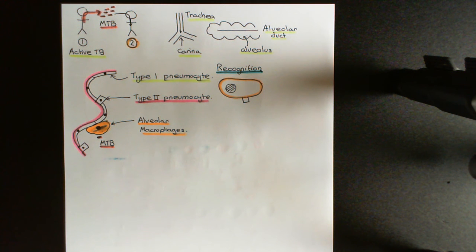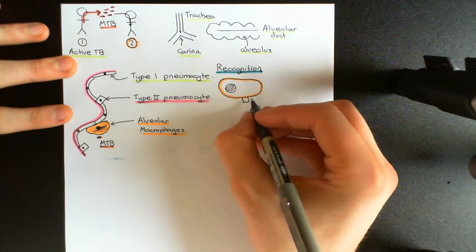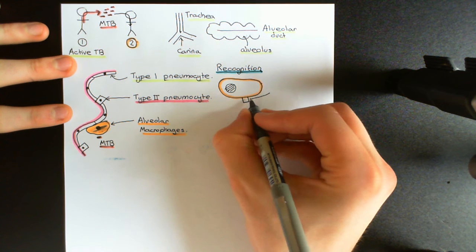You see, that's the way that we can actually recognise pathogens, by looking for molecular patterns, molecules that no human cell would ever make. Because if we suddenly see one of these molecules that we know no human cell would ever make, then it's a giveaway sign that whatever it is that has that molecule is not good, it's not human, certainly. So that's the way in which cells of the body can recognise pathogens, indeed the way that these alveolar macrophages are going to recognise the presence of a pathogen in the alveoli.